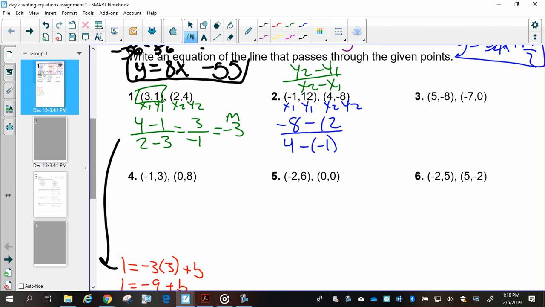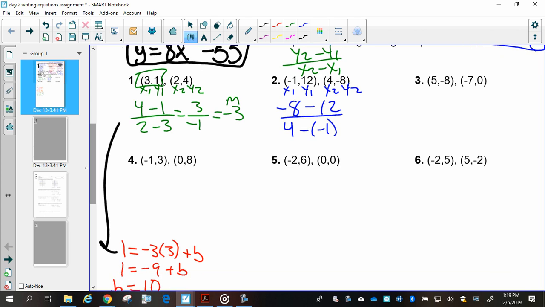Remember, when you have a negative and a subtraction sign, it's really a plus. They're going to come together and make a plus. Negative 8 minus 12 is what? Negative 20. And then 4 minus negative 1 is going to be 5. So negative 20 over 5 is negative 4.